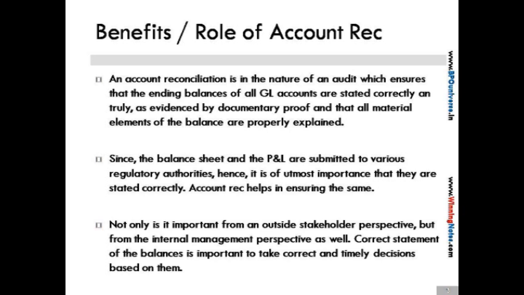If, for example, an account is not verified or reconciled and shows a balance of say 1 crore of rupees, the management will not know whether the balance is actually 1 crore, or only 10,000, or 1000 crore. The fact that the account is reconciled means that the balance is correct and is shown in the correct account also.